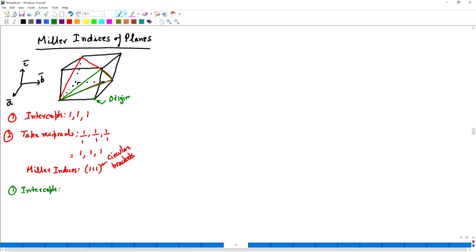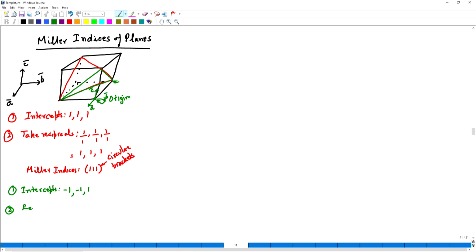In fact, what I have done is my axes are drawn from here. So, this is A, this is B and this is C. This time, the plane intersects the A axis at this point. Basically it intersects at -1, it intersects the B axis again at -1 and it intersects the C axis at 1.